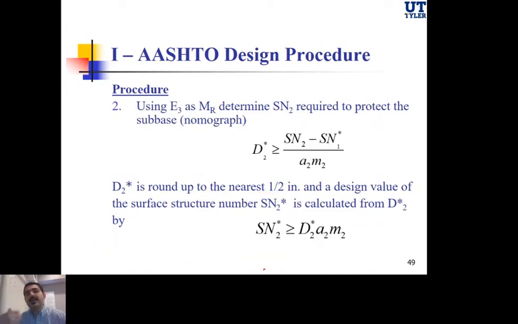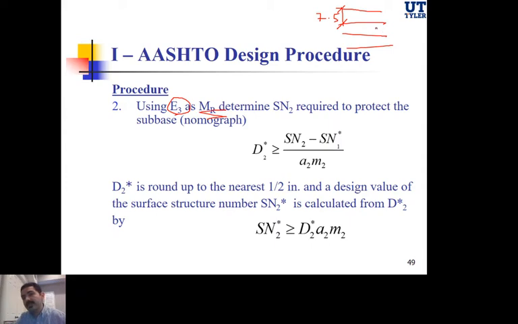The second step, now the same thing is going to be now for the second layer. I'm interested now to get the thickness of the base layer. So if I really want to draw this again, I have the top layer, the base, and the sub base. I got the top layer already, which is 7.5 inches. Let's say now I need to go one more time through the nomograph. I'm going to use now E3 as the MR value.